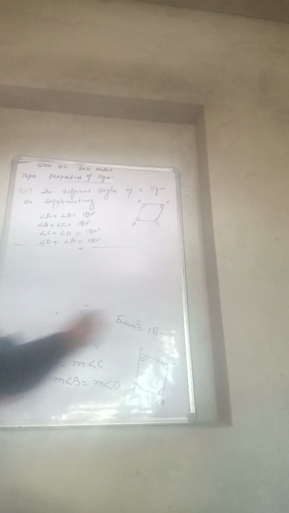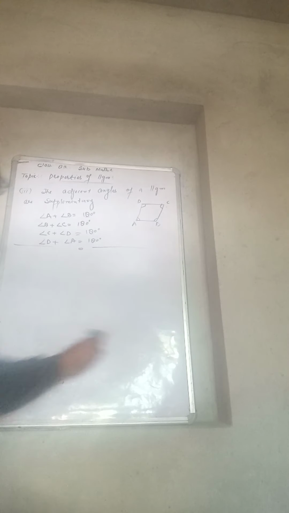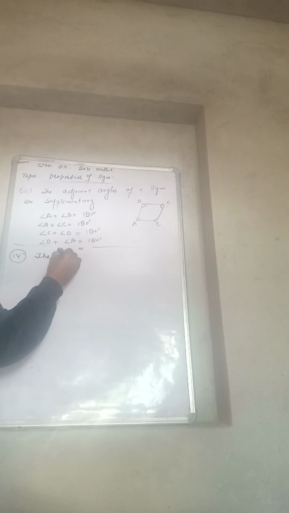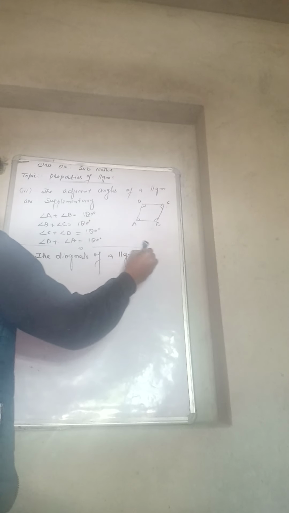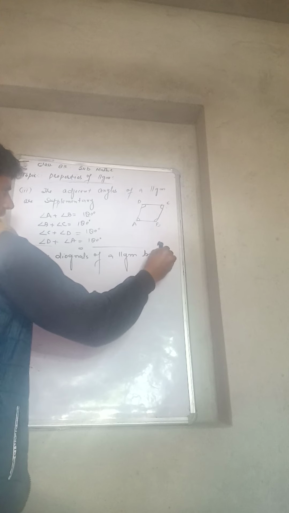And the last one is number 4, the diagonals of a parallelogram bisect each other.